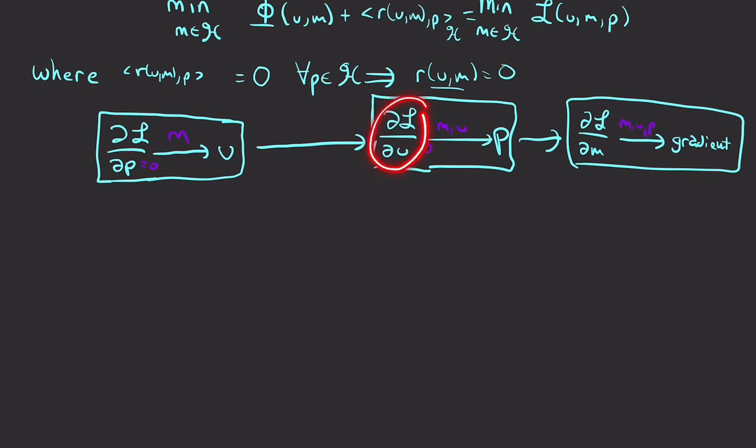Then we take the partial with respect to u, knowing that u and m are known, and we can infer p from that equation. And then finally, to compute the gradient, we can ignore implicit dependence and just take a partial so that this can be done efficiently. So at this point, u, m, and p are known, and that gives us the gradient.